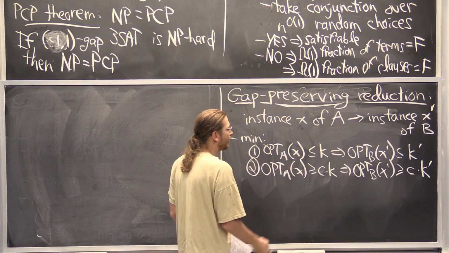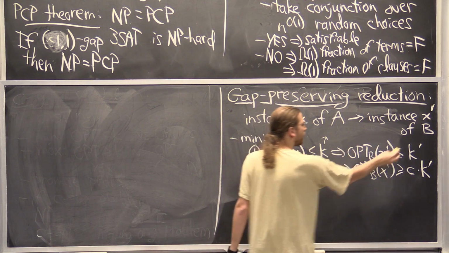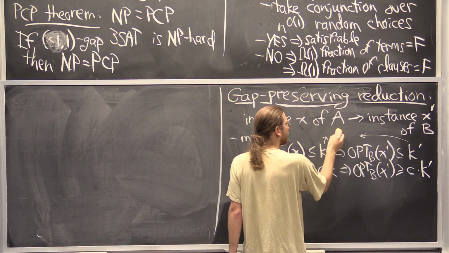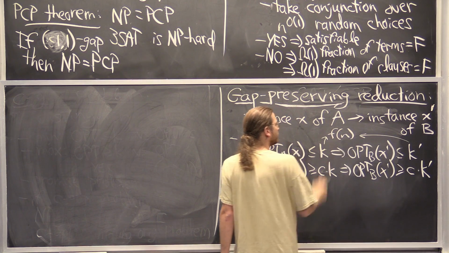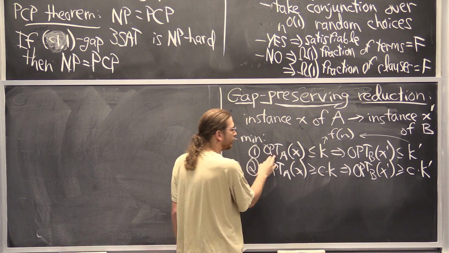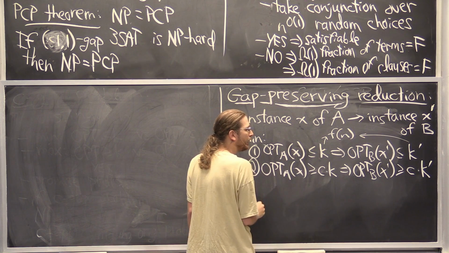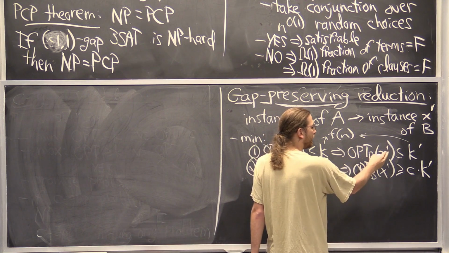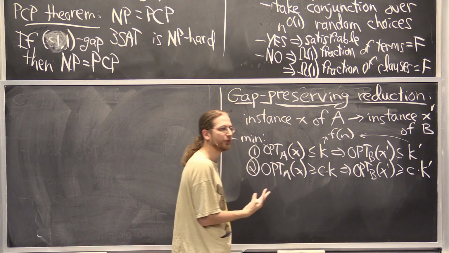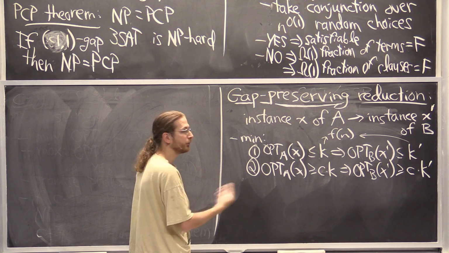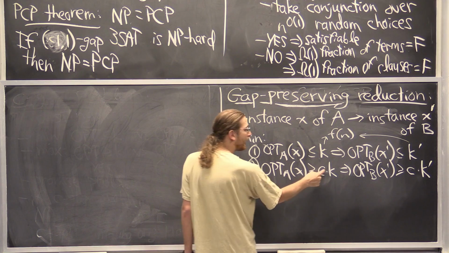So in fact, you can think of k and k prime as functions of n. If I know that opt of x is at most some function of n, then I get that opt of x prime is at most some other function of n. But there's some known relation between the two. What I care about is this gap c.